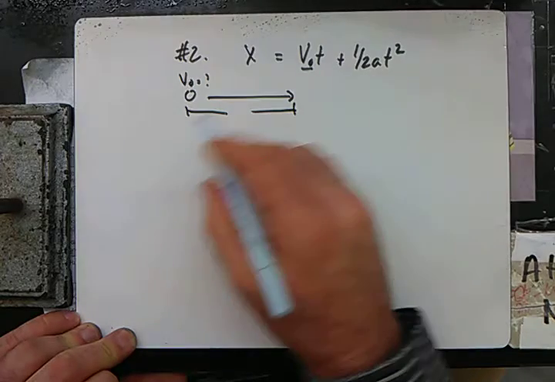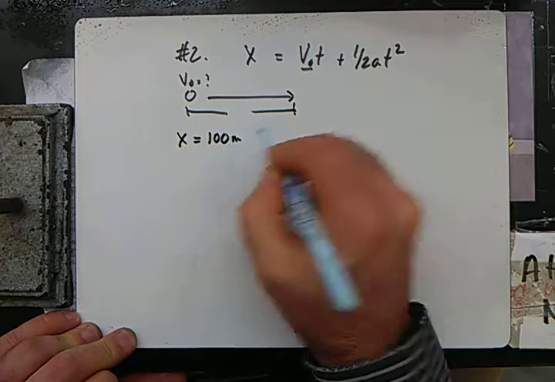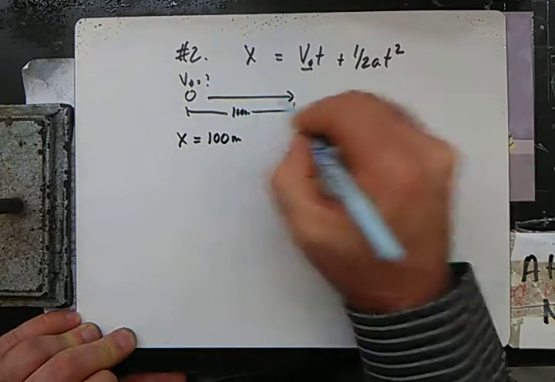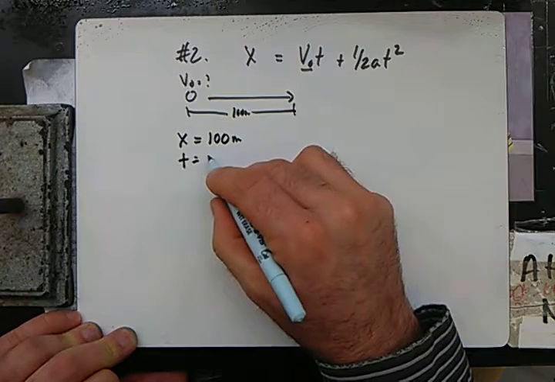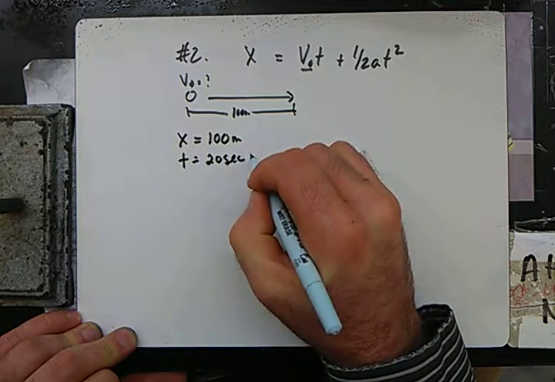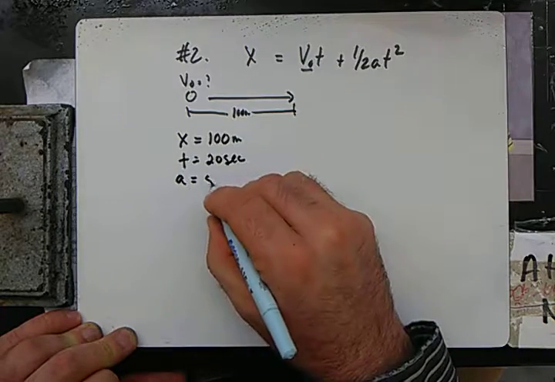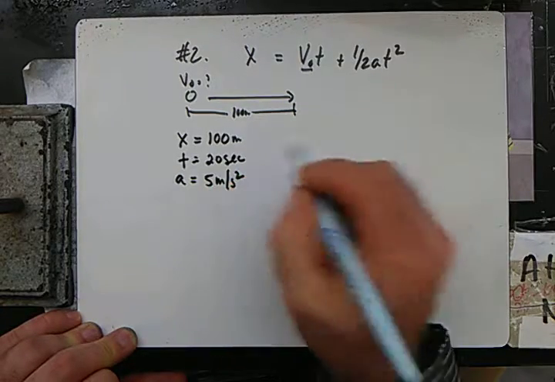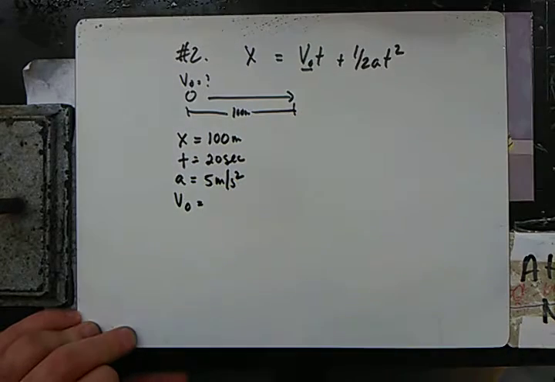The x, we're going to say x is, let's say, 100 meters. Let's give it a time of 20 seconds, and let's give it an acceleration of 5 meters per second squared. So what we're looking for is initial velocity here.